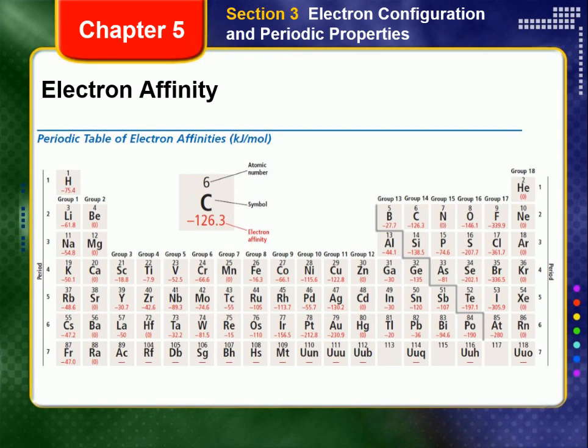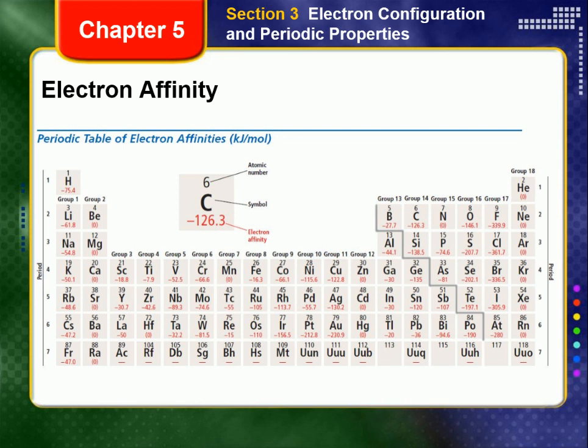Figure 5-17, on page 147 of your text and on screen now, shows the electron affinity in kilojoules per mole. Period trends. Among the elements of each period, the halogens, group 17, gain electrons most readily. This is indicated in Figure 5-17 by the large negative values of the halogens' electron affinities.